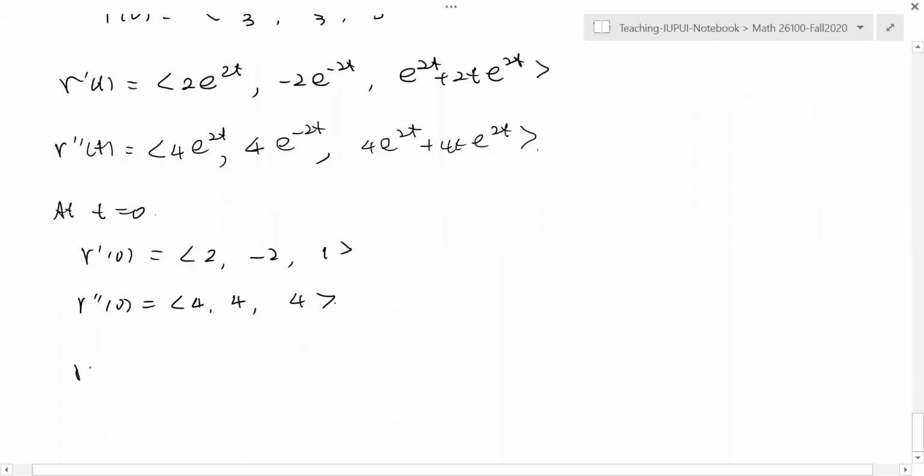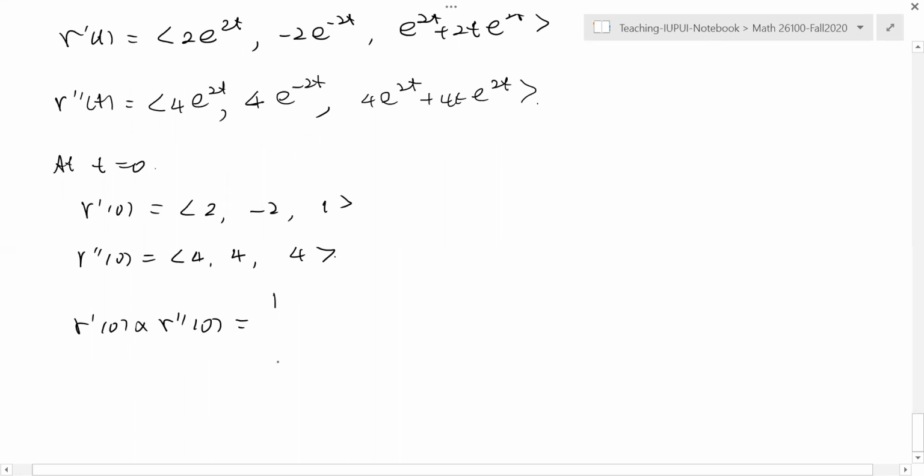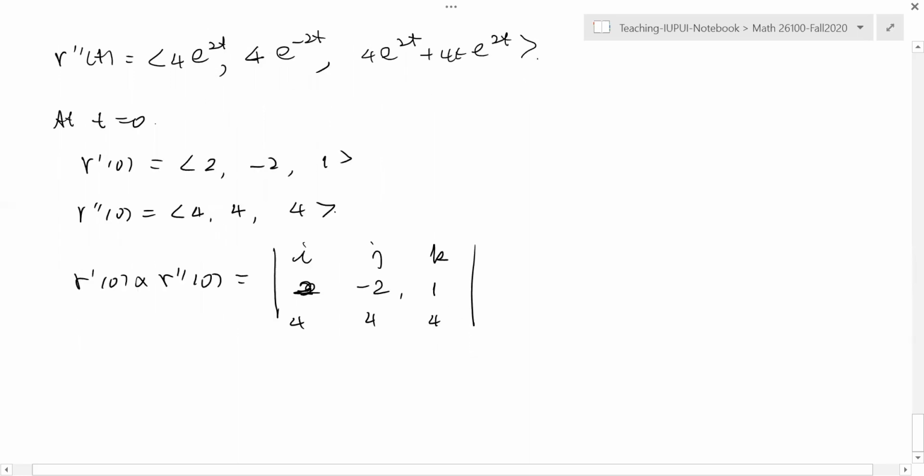So let's take a look at the cross product. How do we find the cross product? You can write it as a 3 by 3 determinant. The first component i is the determinant of negative 2, 1, 4, 4.